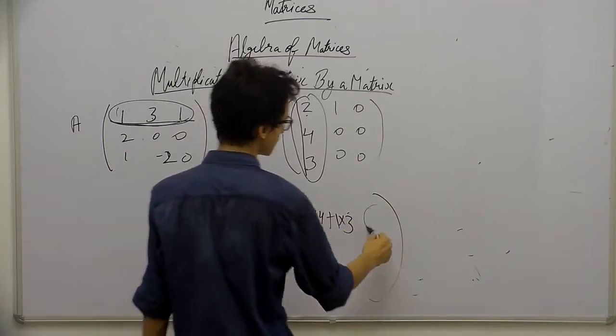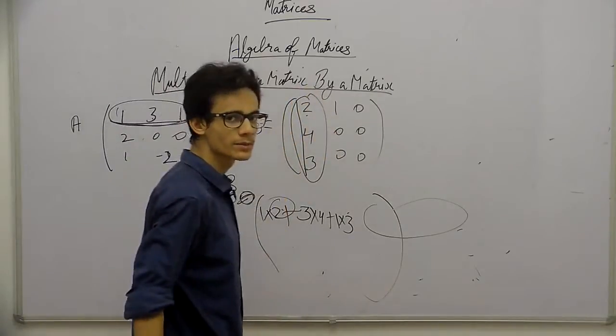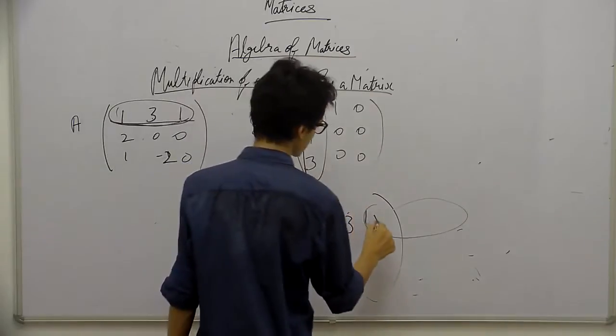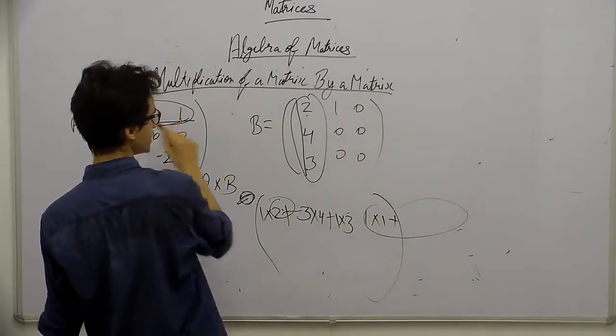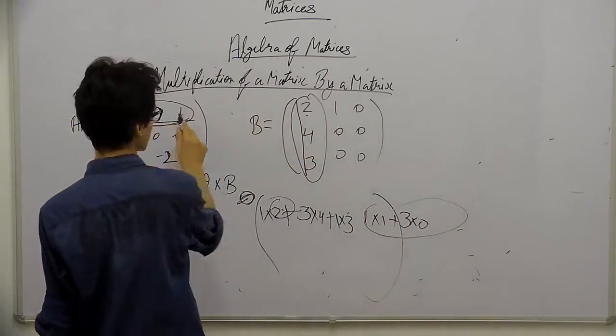Similarly, the next element we get by multiplying the first row with the second column of B. So the second element is equal to 1 into 1 plus 3 into 0 plus 1 into 0.